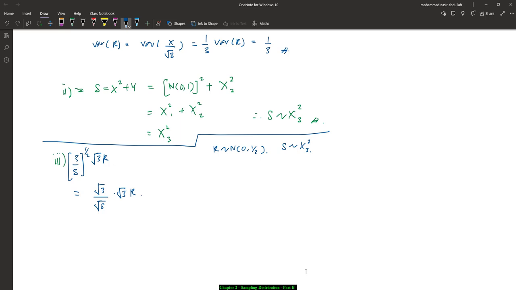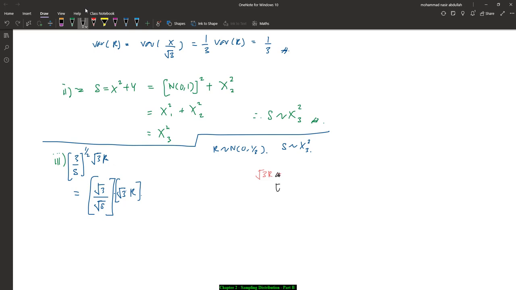So let's try to solve part by part. This is the first part and this is the second part. So now let's look at square root of 3R. Right, square root of 3R.